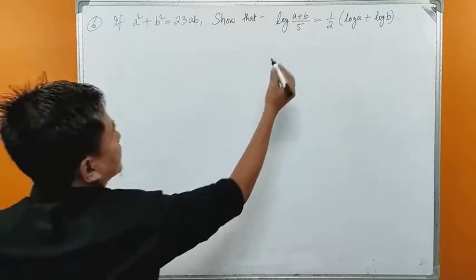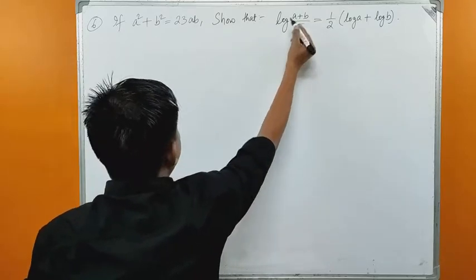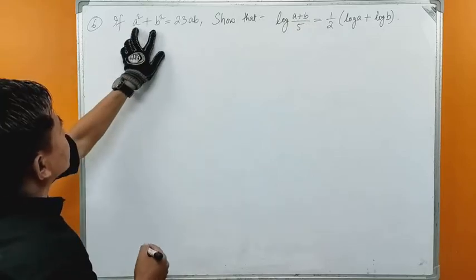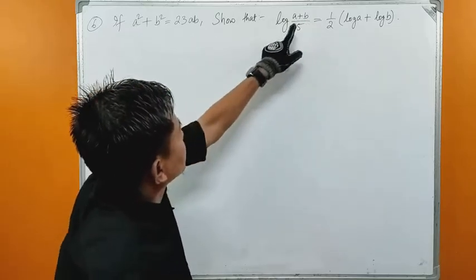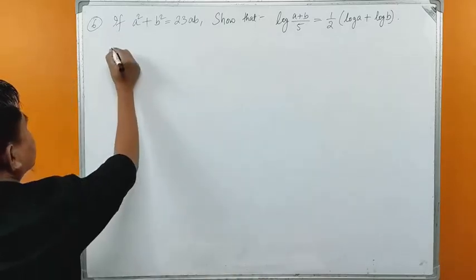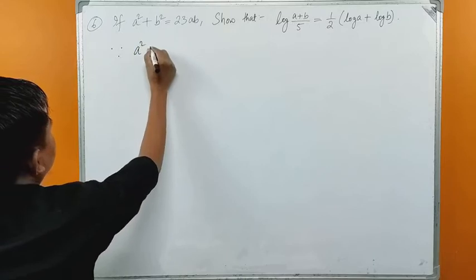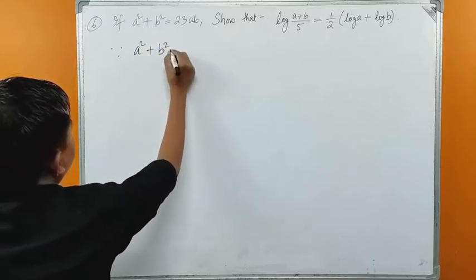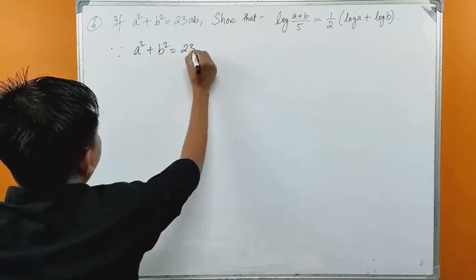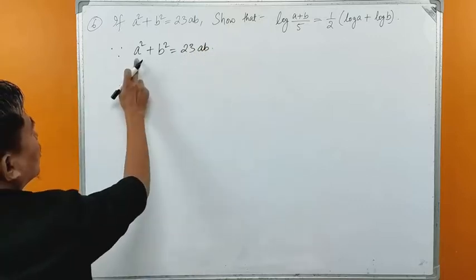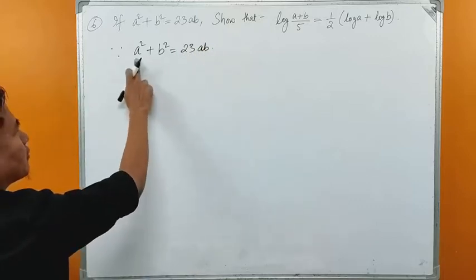Okay, so we need a plus b in the left hand side, isn't it? So we have a square plus b square. Now let us make this a square plus b square into a plus b. Since we have a square plus b square equals 23ab, this is given to us. Now we put the formula for a square plus b square.